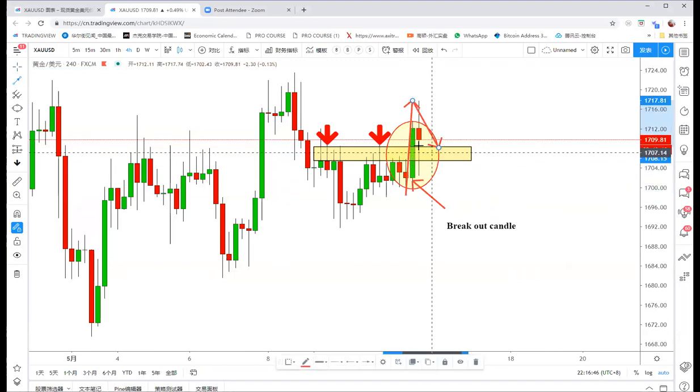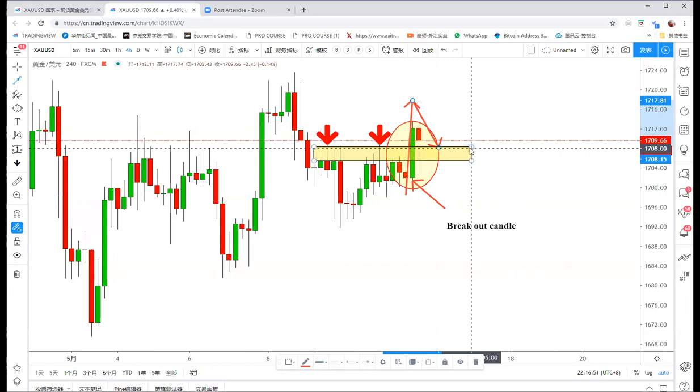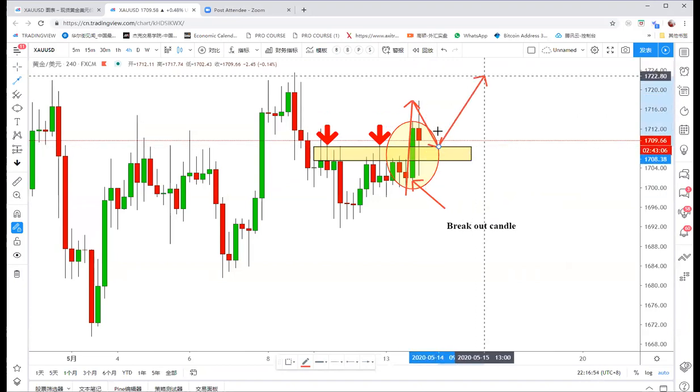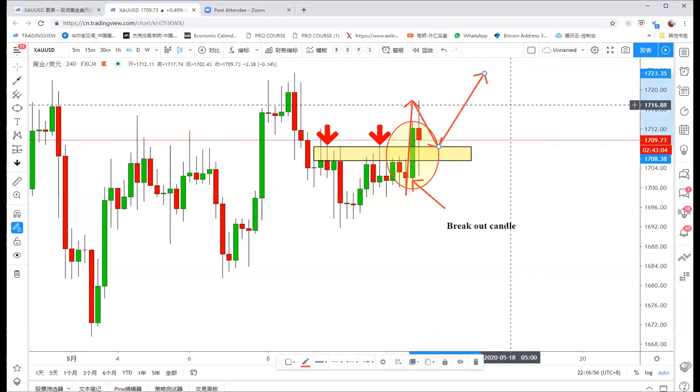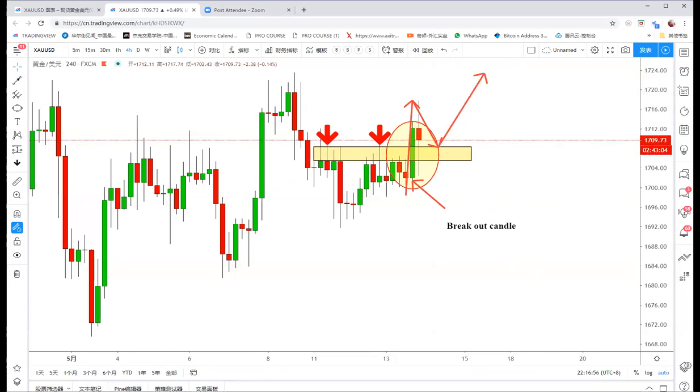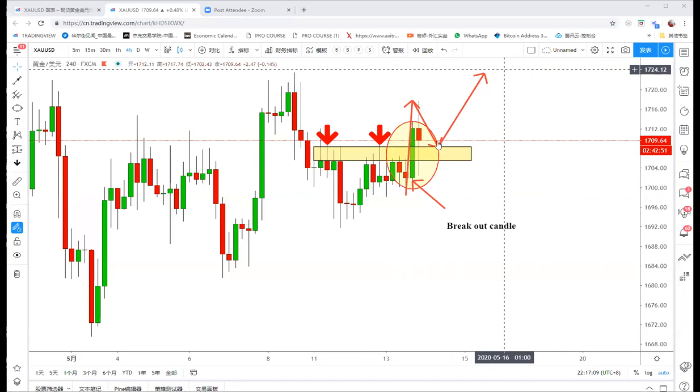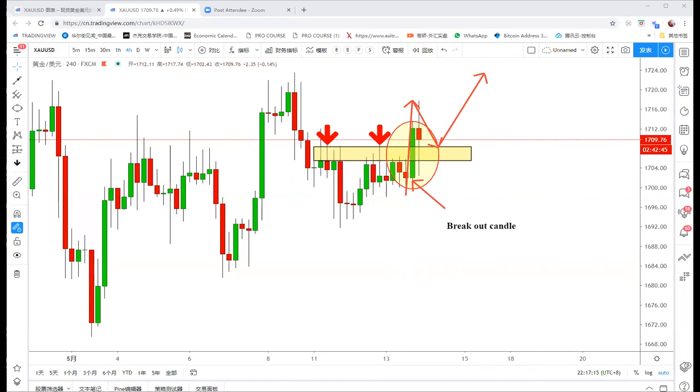If the retest can sustain above this level, which is 1708, the price will continue to go up. This is a very high success rate pattern we have found: a breakout happens, retest, stay above, and we buy. And if the market has another rally, we are going to make money.